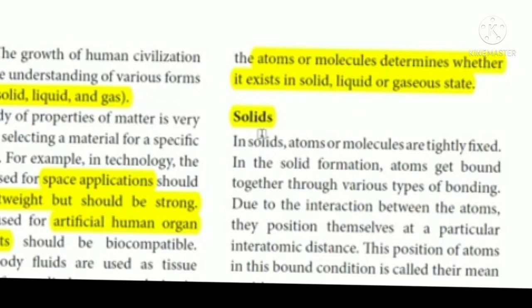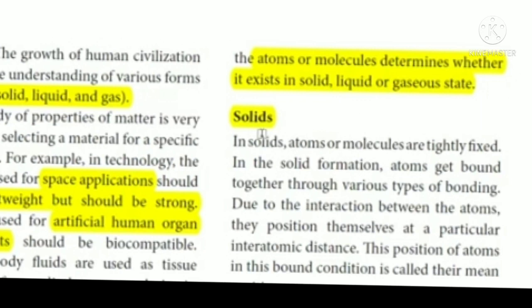Properties of solids. In solids, you all know that the atoms and molecules are tightly packed. In the solid formation, atoms get bound together through various types of bonding. Due to the interaction between the atoms, they position themselves at particular interatomic distances.